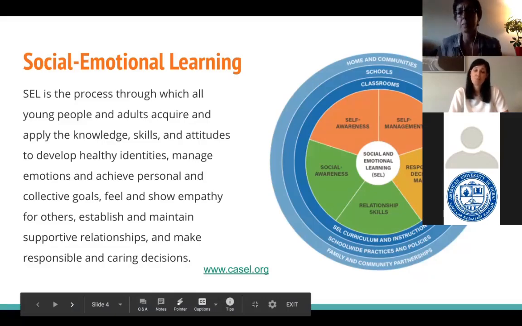And CASEL has developed a model, which you see on your right-hand side, which is a 5-pronged model. They have broken social emotional learning down into 5 components, which are self-awareness, self-management, responsible decision-making, relationship skills, and social awareness.